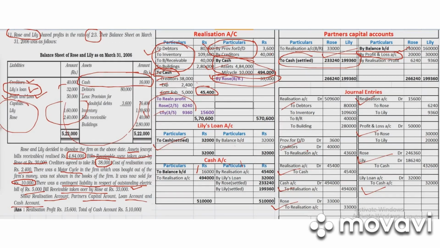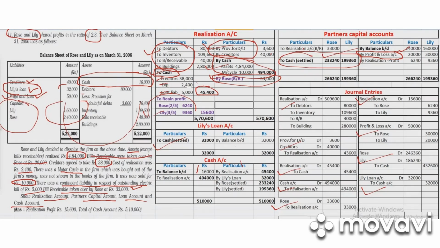So you have to make the journal entries in this way. Maybe combined journal entry or single journal entry, depending on different cases. For that, you may follow these ledger accounts, or you may follow the simple rule of making journal entries. And you prepare the journal entries, give narration, complete it.